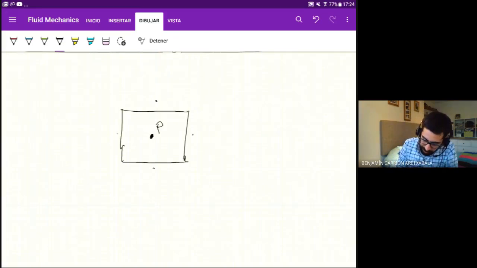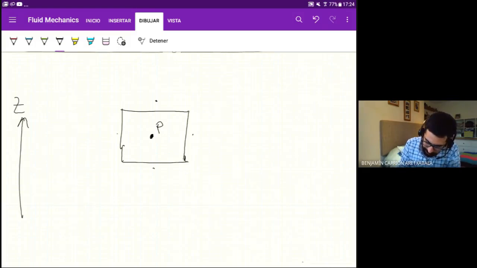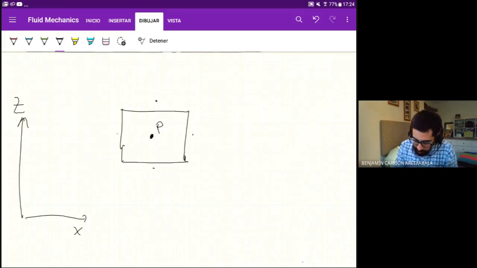Let me just look at my notes. I'm not improvising, not as much here. So the value here is going to be, and again, let's assume we have this reference, right?